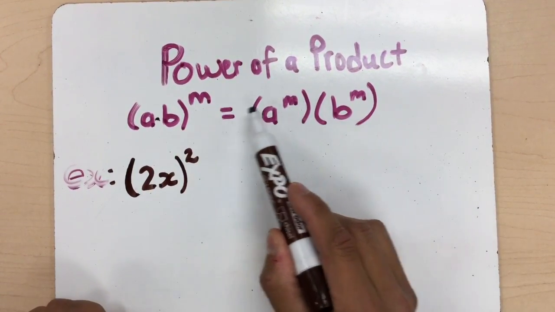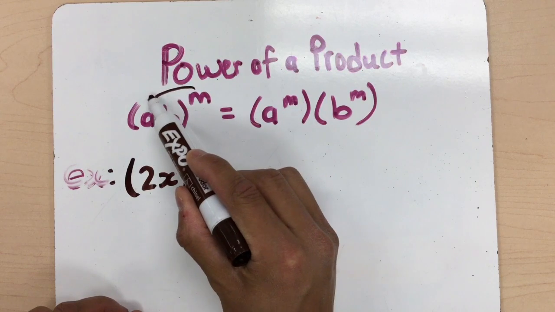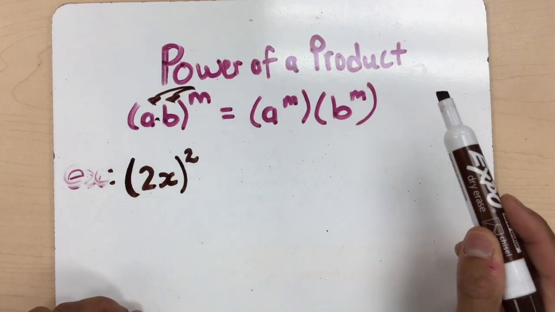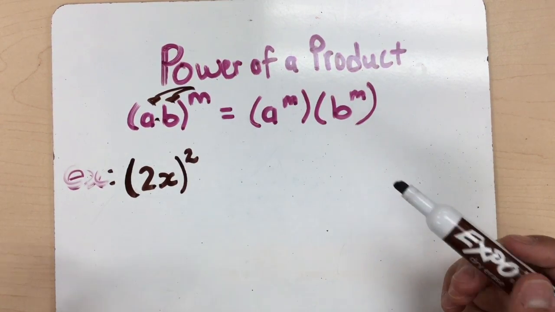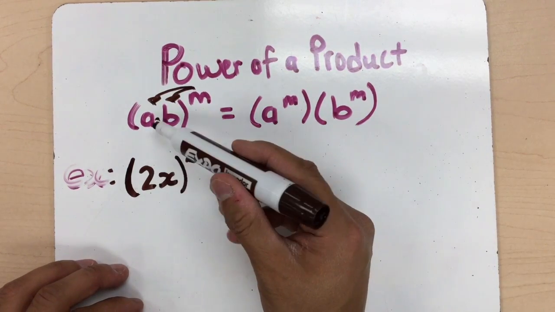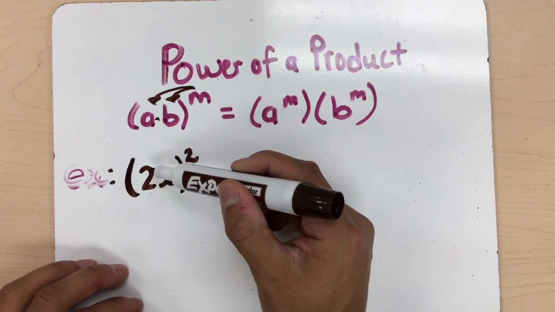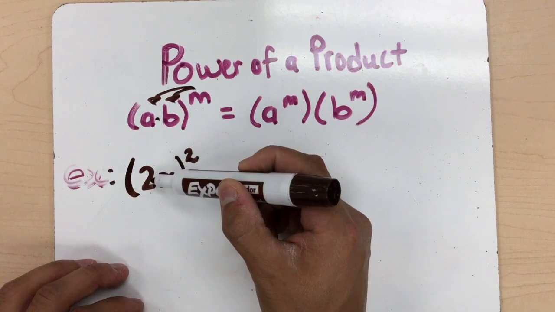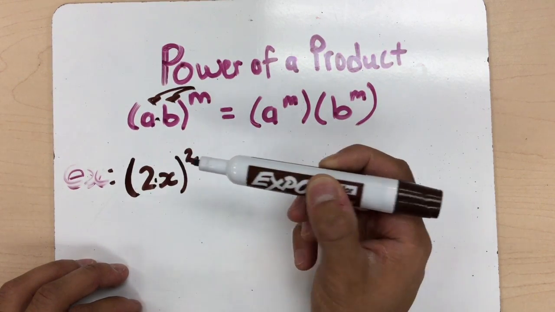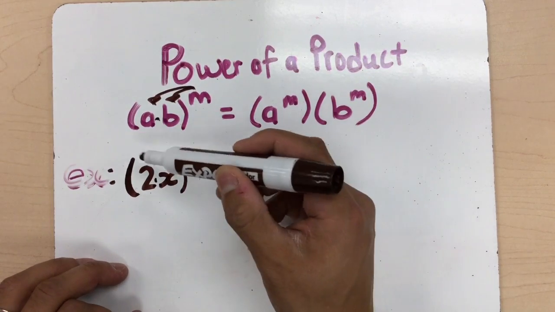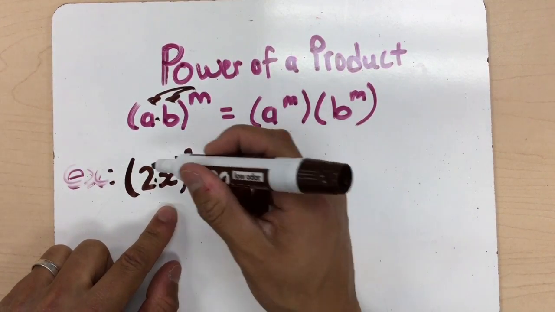And so what that equals is my m being distributed into both of my individual bases. Now, why do we do that? Well, if we look at a and b here, or my 2 and my x, and keep in mind that I'm multiplying these 2 by one another, these already have an exponent.